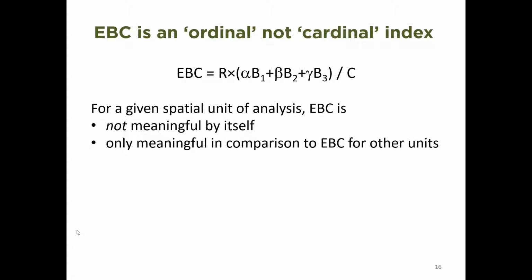And hydrological services is denominated in yet another type of unit. So when we sum those three things together, we don't get a measure that's meaningful in itself. Rather, it's only meaningful when it's compared to the EBC for other units. And so again, this is an ordinal and not a cardinal index.